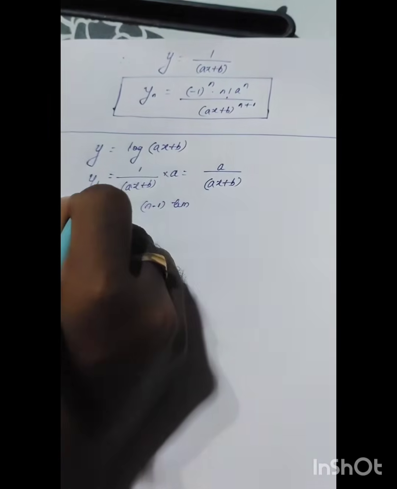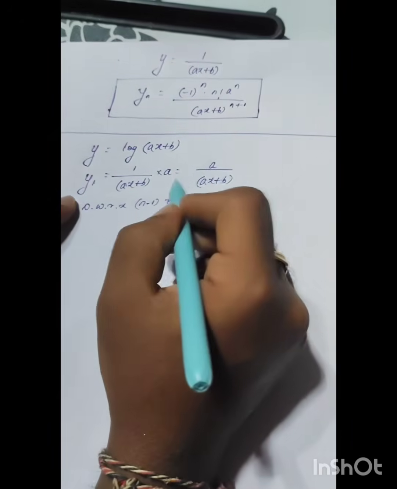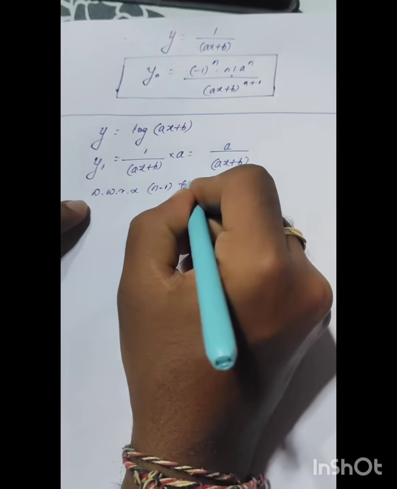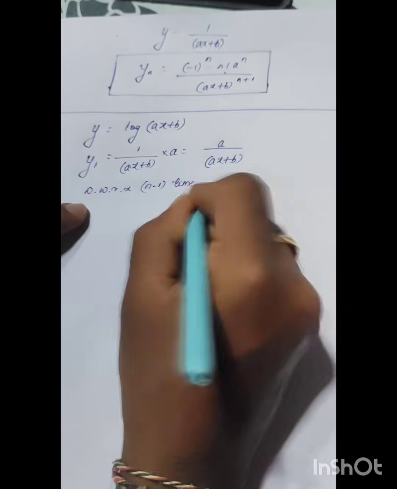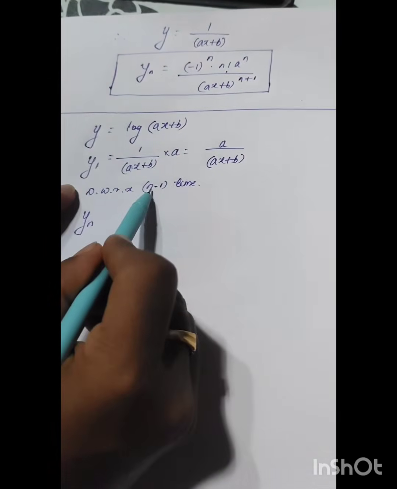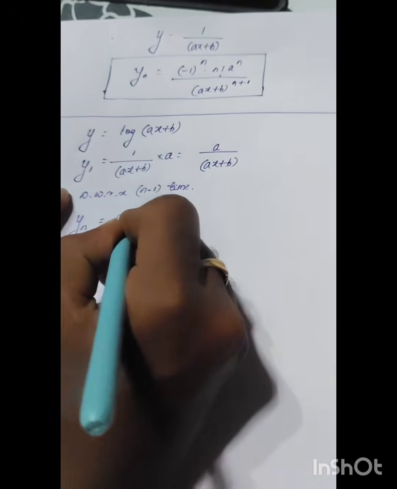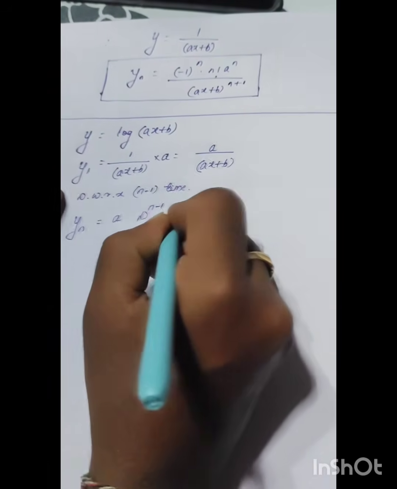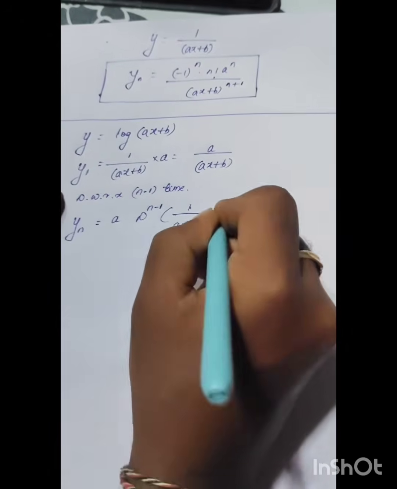Because already we have y1 as 1 over ax plus b, so we get yn here. y1 will be equal to, a is a constant, take it outside, so a times d^(n-1) of 1 over ax plus b. So that is this one.